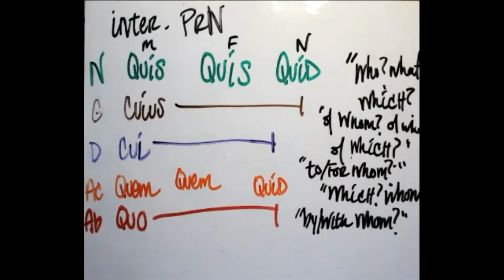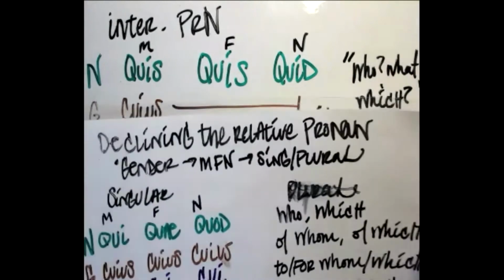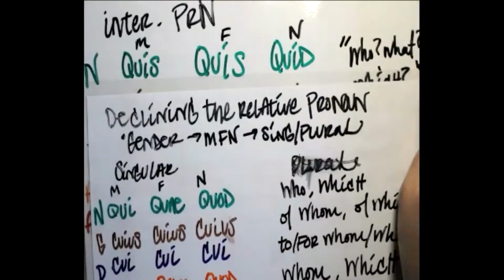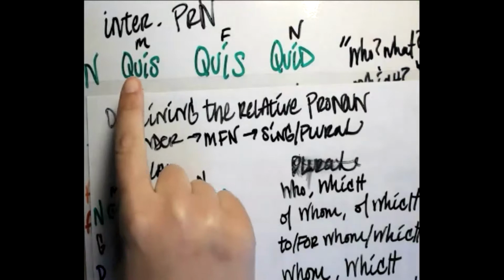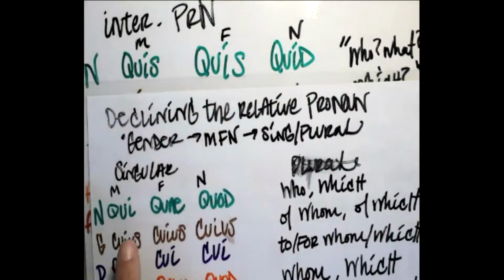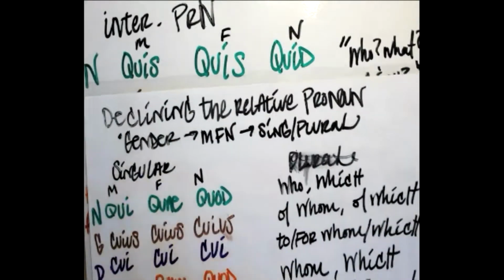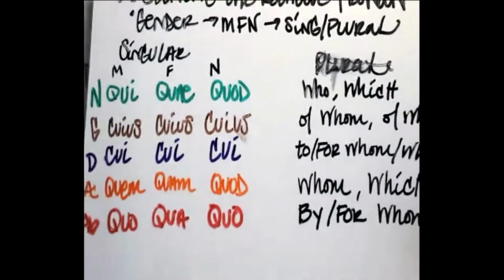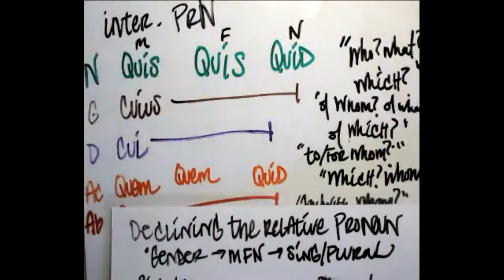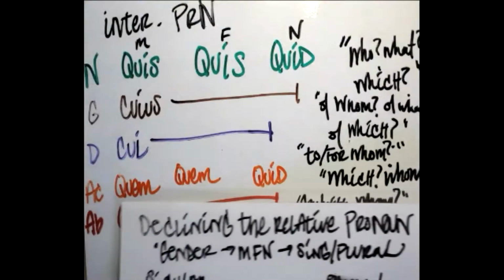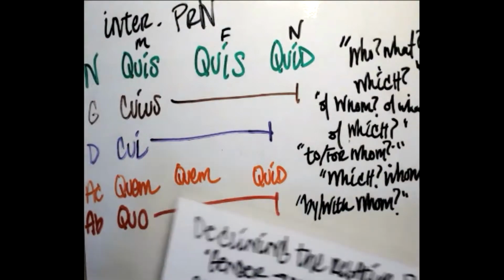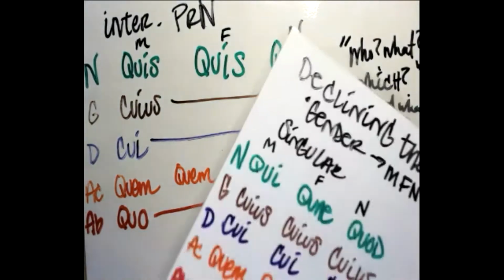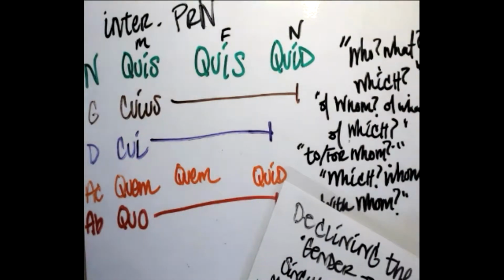So where's my relative pronouns? So we look at the difference between the two. Interrogative: quis, quis, quid. Relative: qui, quae, quod. Same in genitive, same in dative. In accusative, both masculine and feminine are quem, quem, and then the neuter, of course, repeats its nominative form.